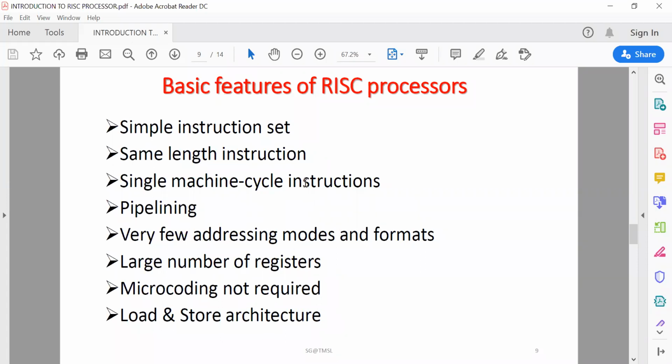Most instructions complete in one machine cycle, which allows the processor to handle several instructions at the same time.